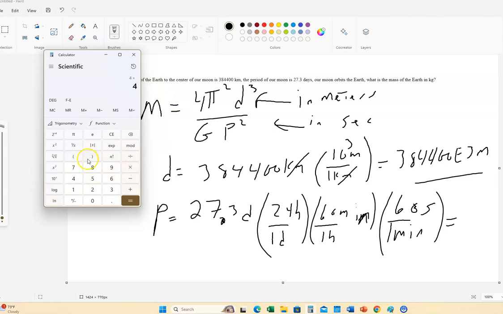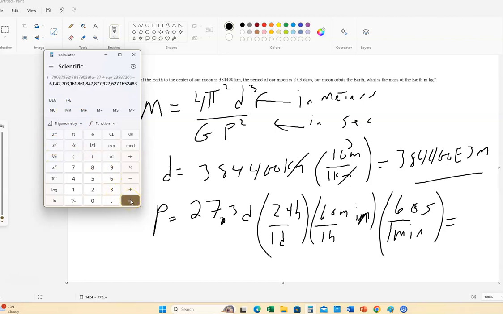All right, so 4 times pi squared times this distance, which is 384,400 times 10 to the third raised to the third, and then divided by big G, which is 6.67 times 10 to the minus 11th equals, and then divided by the period, so that's going to be the memory recall, but then I've got to square that.